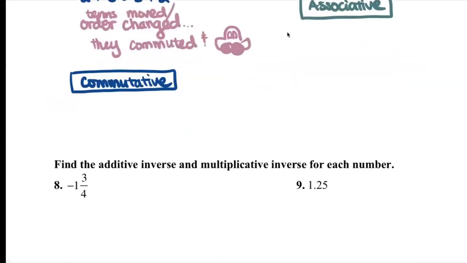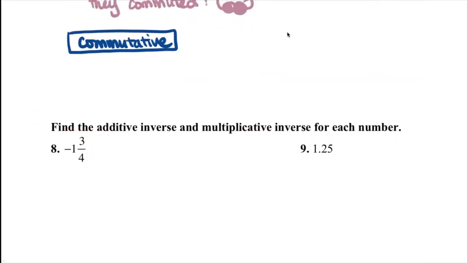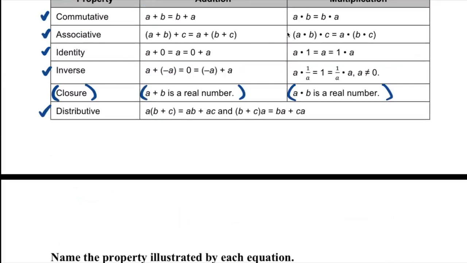Instead of having you identify, I want you to actually find the additive inverse and the multiplicative inverse for each number. So for this number and this number. The additive inverse, we know it's the inverse if the two numbers add up to 0, right?